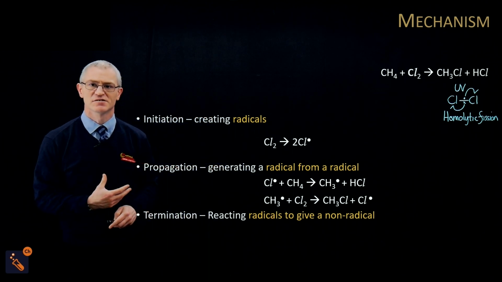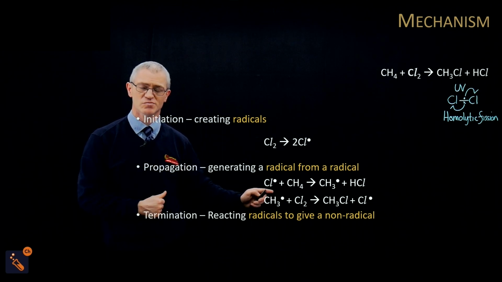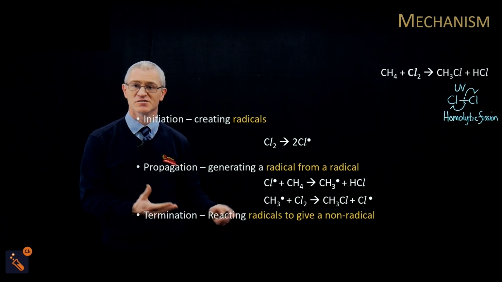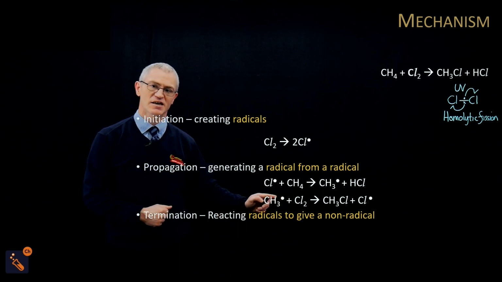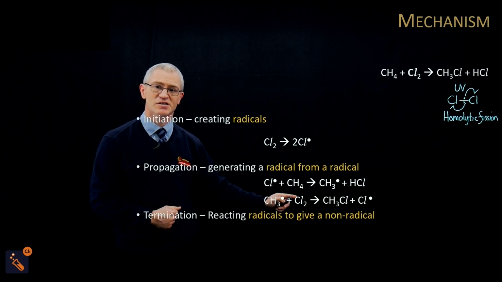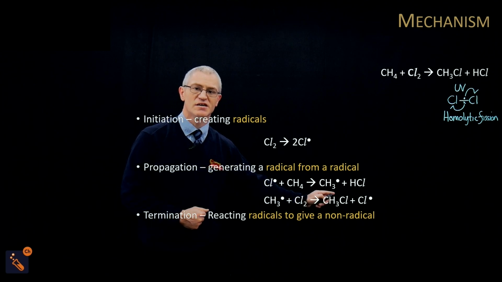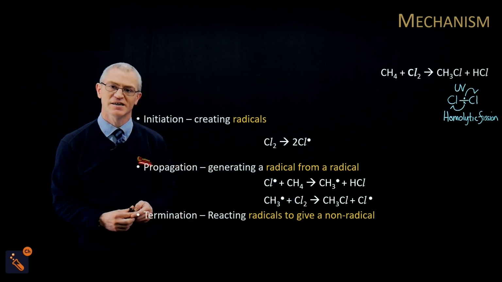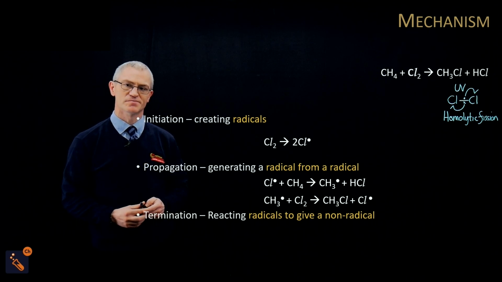The next stage is to take the CH3 radical, or whatever radical you produce, and react it with another one of the halogens. In this case, it's chlorine, could be bromine. Now, if you look at that, the next step is to split the chlorine up, and the chlorine reacts with the CH3 to create this chloromethane, and then the chlorine radical again. Now, this is a really, really important point.